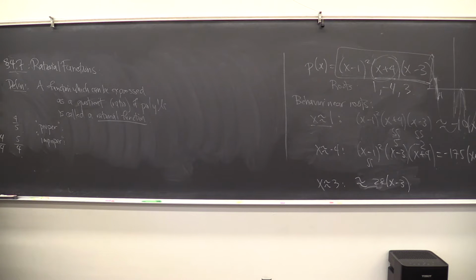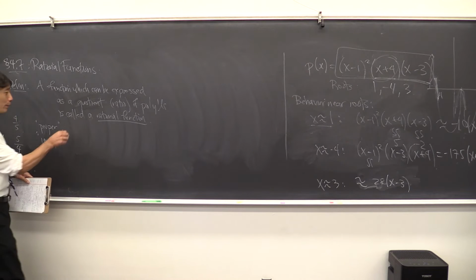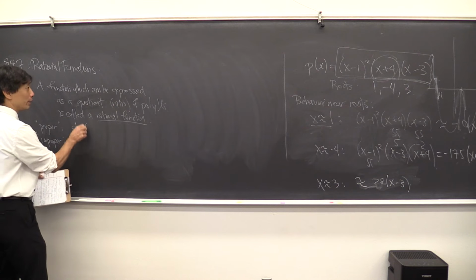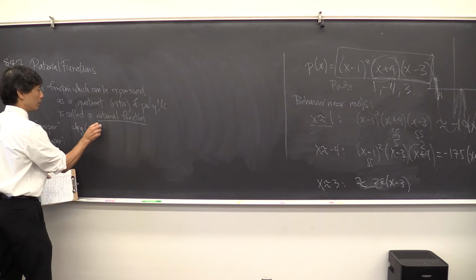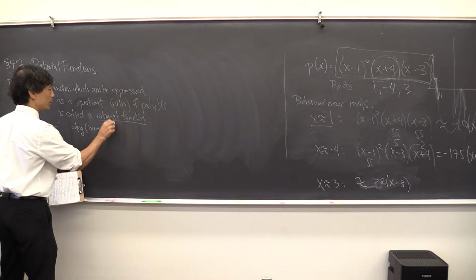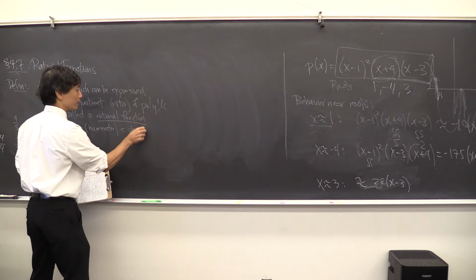Okay. So can you guess? Anybody want to make a guess? I'll give you 10 seconds. Yeah, Aaron. With the degree on the top being smaller. Exactly. You want the degree of the numerator to be smaller than the degree of the denominator.